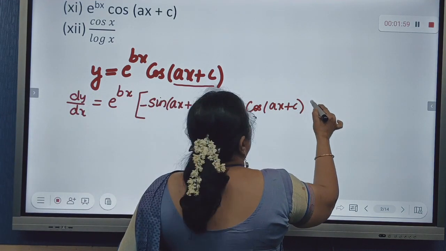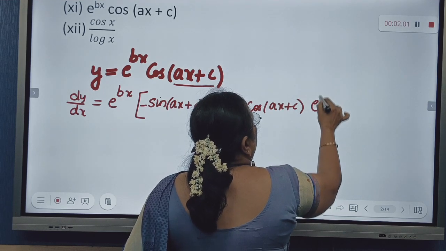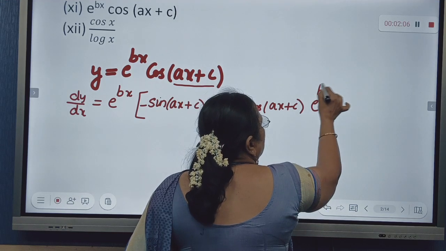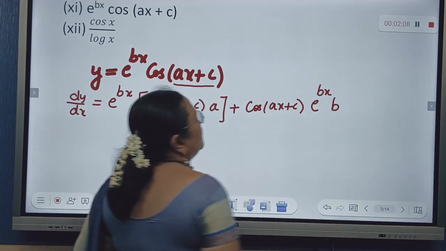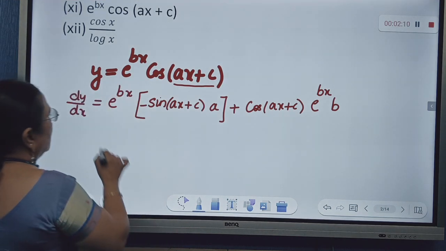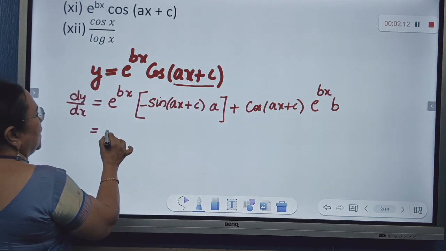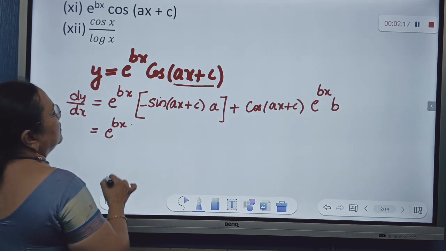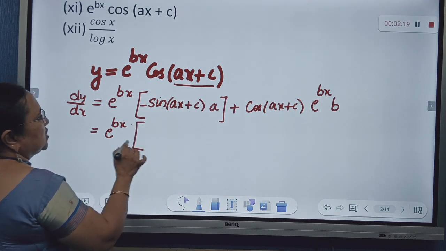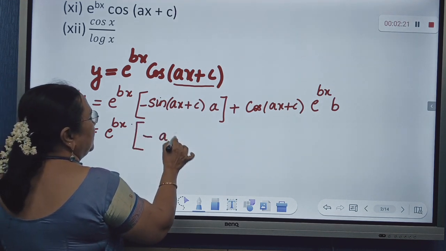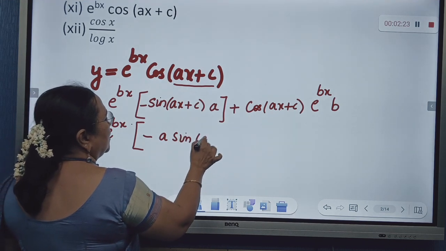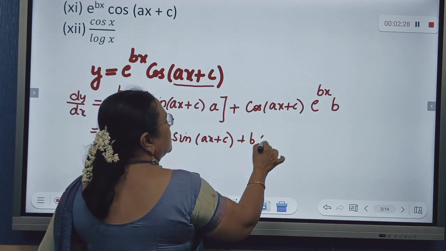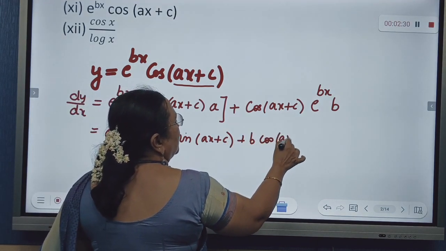So the derivative of e power x is e power x. So you will get e power bx into derivative. I have to differentiate bx, which is b. So you have e power bx common. I will take it outside. Then I will get minus a into sine of ax plus c plus b into cos of ax plus c.